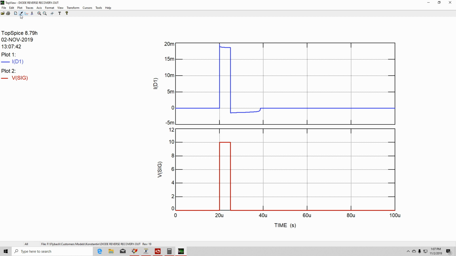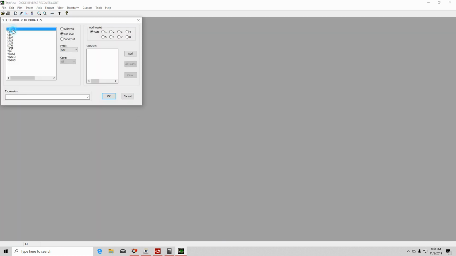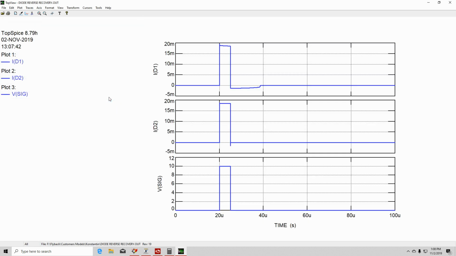Oh, sorry guys, having a little senior moment with all these little errors. Okay, and let's see if I have it in display. Okay, so now I'm gonna go ahead and label this. This is the current on the 1N4004. This is the 1N4148.